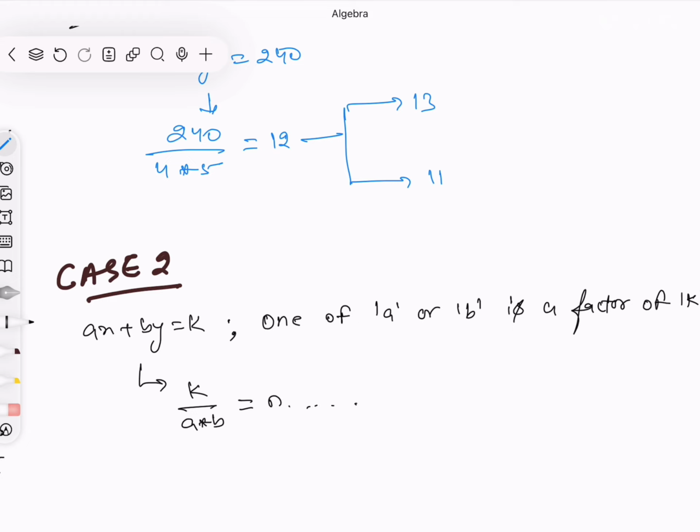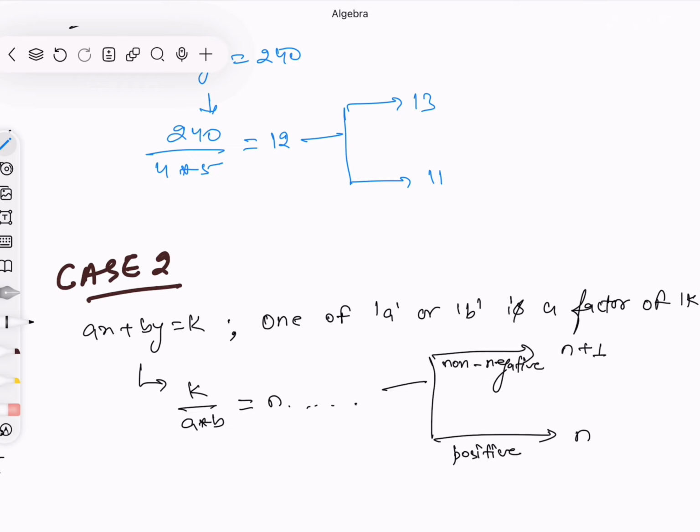Since it is not a factor, it will always be in decimal, because k will not be divided by both values. So if it is n point something, in that case the non-negative number of solutions is n plus 1 and the positive number of solutions is n.